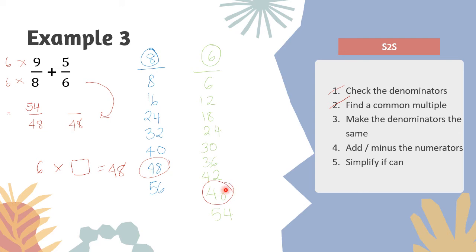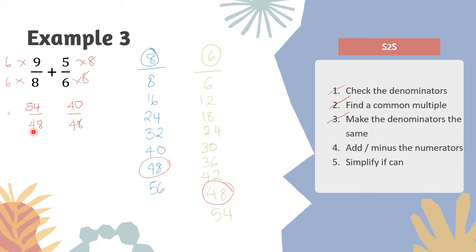So the eighth multiple of 6 is 48, meaning that 6 times 8 gives 48. So you need to multiply this with 8 to get 48. So whatever you do to the bottom, you have to do to the top. So if you multiply the bottom number with 8, you need to multiply the top number with 8. So what is 5 times 8? 5 times 8 gives you 40. So step 3 is done.